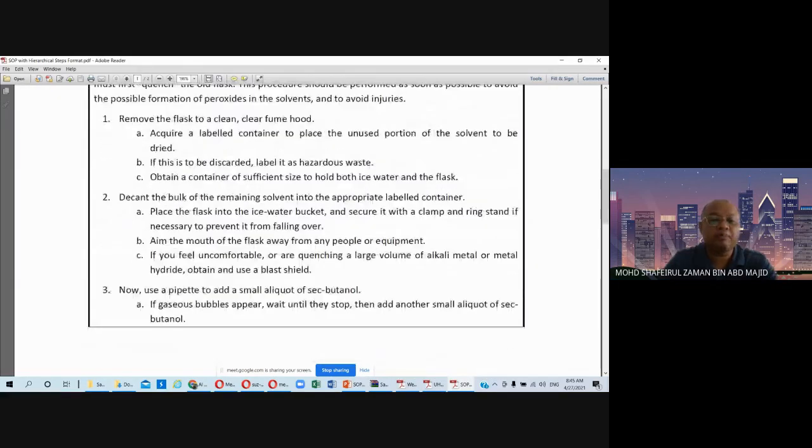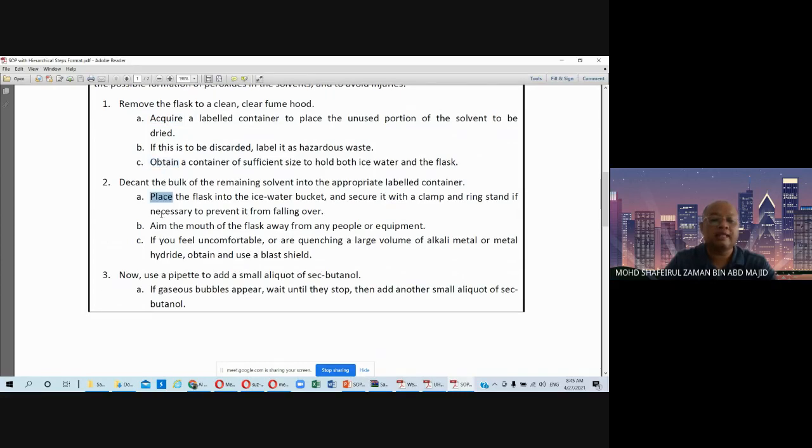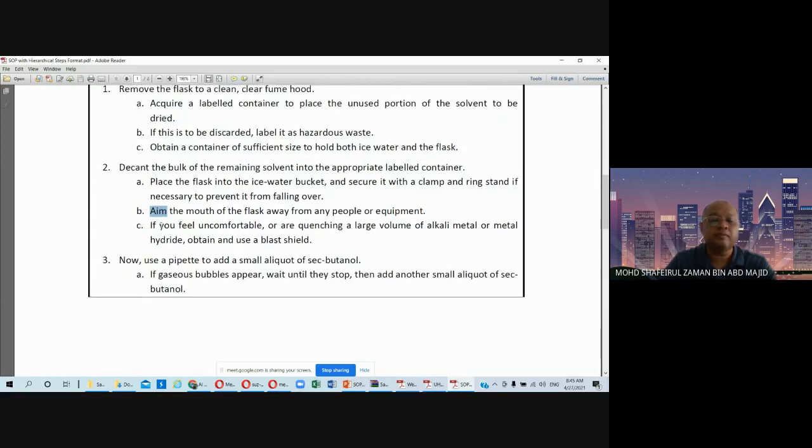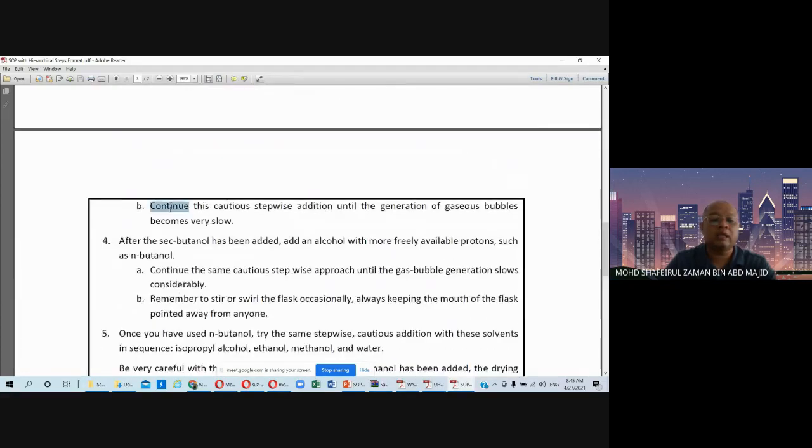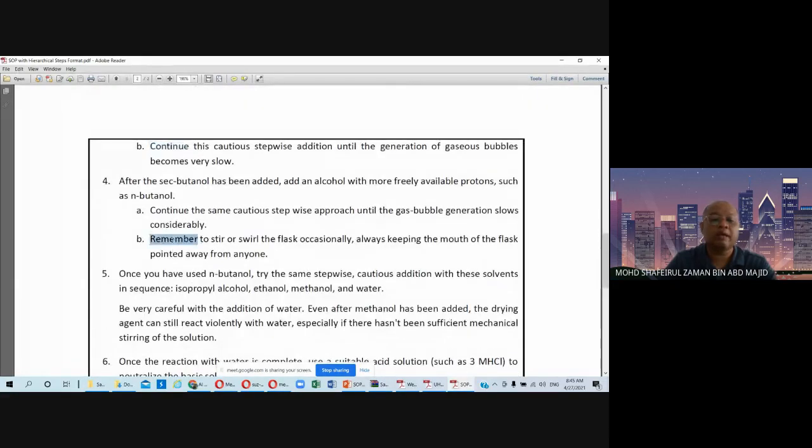So whatever appears, for example here, number 1, say this is stage number 1, or sequence or step number 1, then you have the procedure. And you can see the imperatives here: acquire, obtain, place, aim, and then continue, remember.